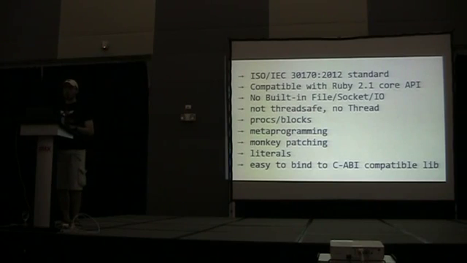For the sake of simplicity, you don't have thread classes, but you can still use procs, blocks, metaprogramming, even monkey patching, and literals. And it's easy to bind your MRuby program with any C ABI compatible library, and even C++ ABI libraries.